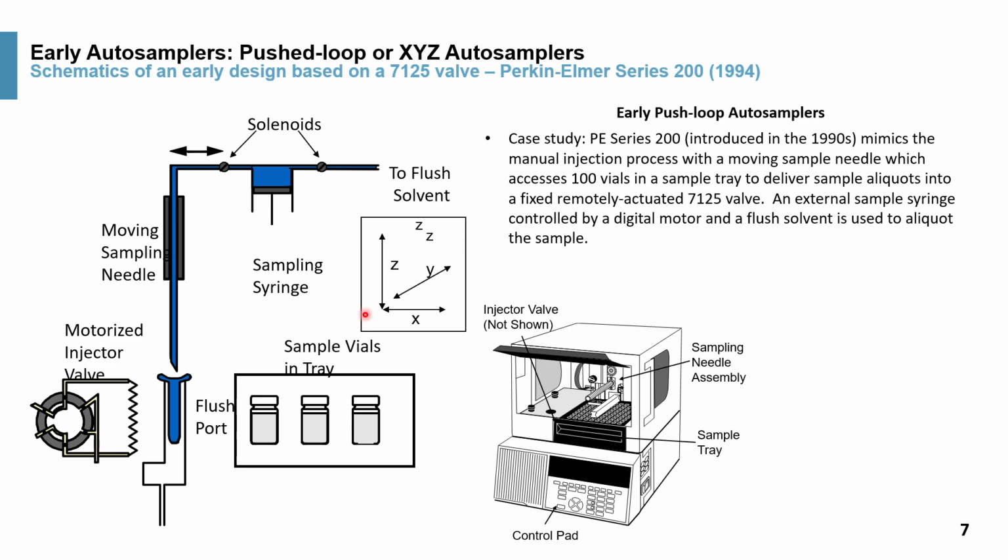So you have X and Y position. Z is the position of the needle, where the traveling needle can go up and down into either a flush port or a home port, and also right into a 7125 valve, right? So the needle actually should be blunt tip.